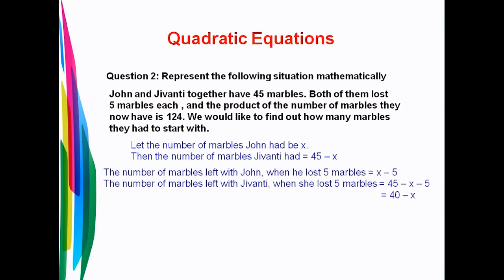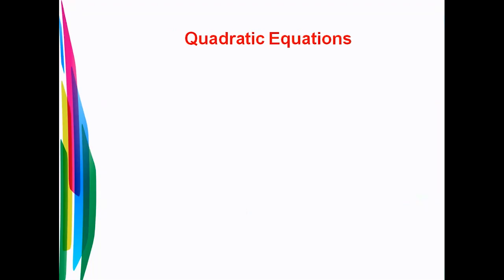So John will have x minus 5 marbles and Jivanti will have 45 minus x minus 5 marbles. On simplifying we get 40 minus x, and then you are given that the product of the number of marbles is now 124. So x minus 5 into 40 minus x is equal to 124. Multiply the brackets and simplify the terms, and I get the equation x square minus 45x plus 324 equal to 0.